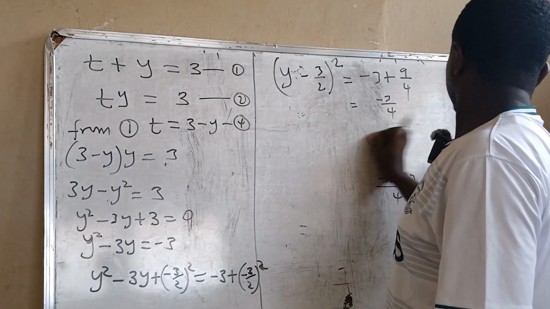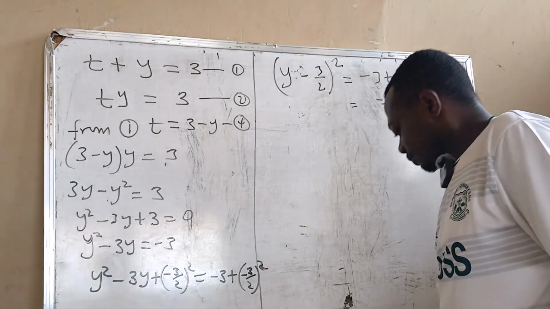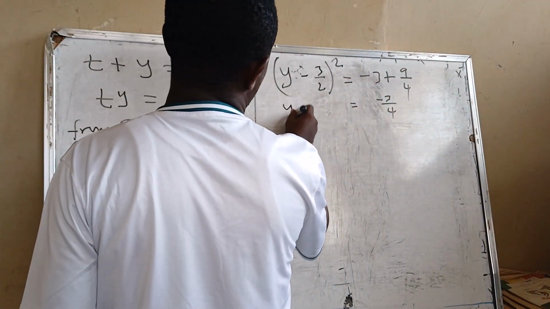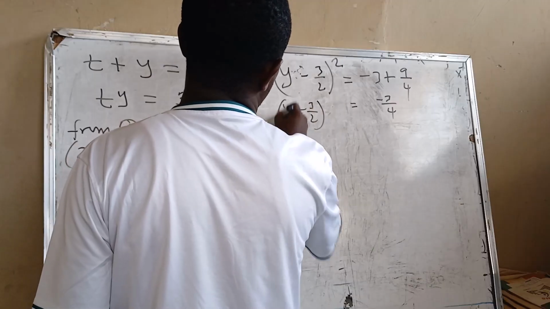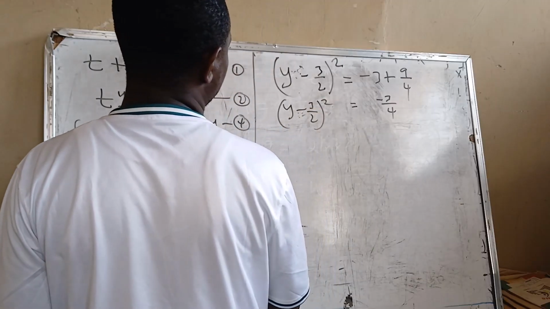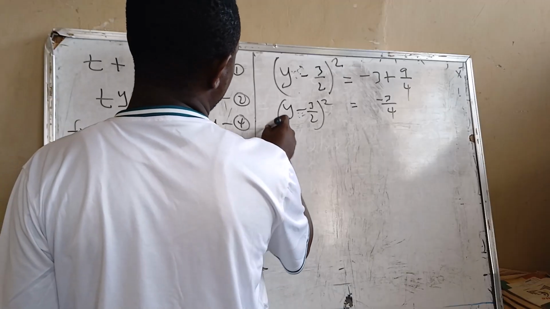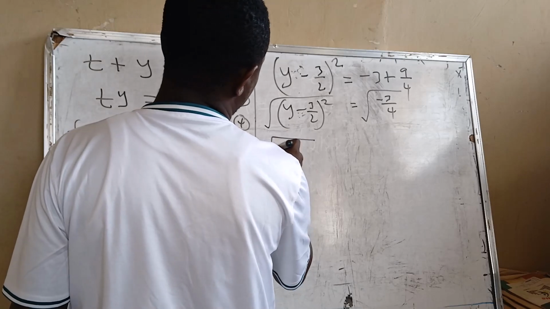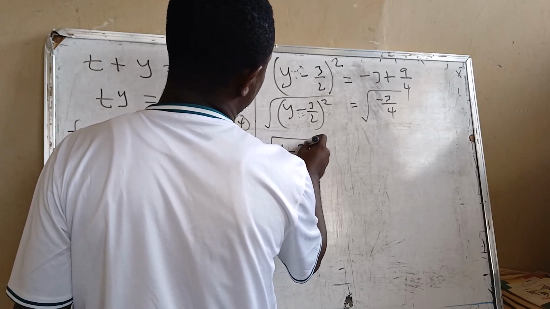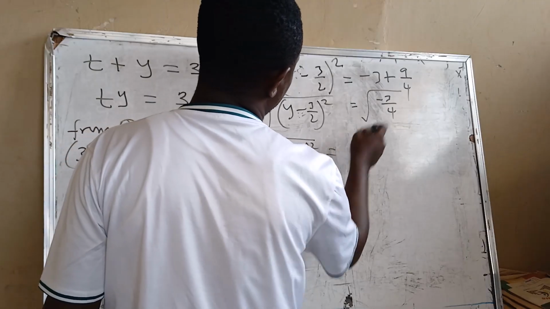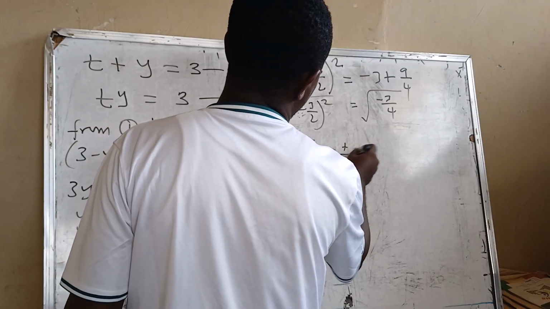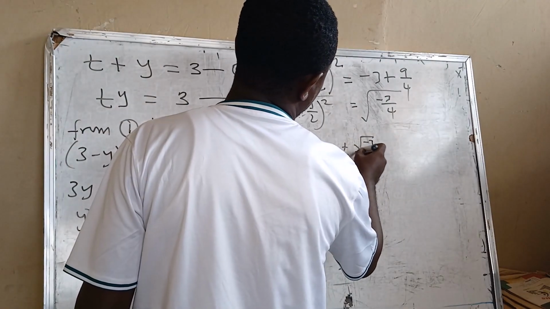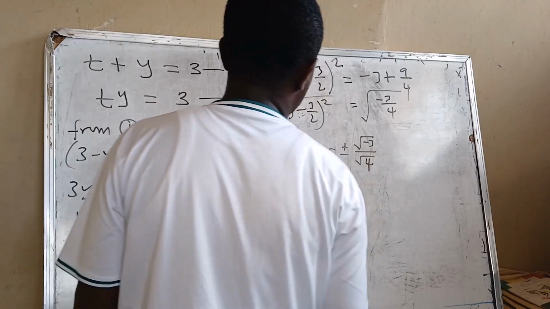So from here, you can write this as (y minus 3 on 2) all squared equals minus 3 over 4. Let's take the square root on both sides. So that will be the square root of (y minus 3 on 2) all squared equals plus or minus the square root of minus 3 over the square root of 4.